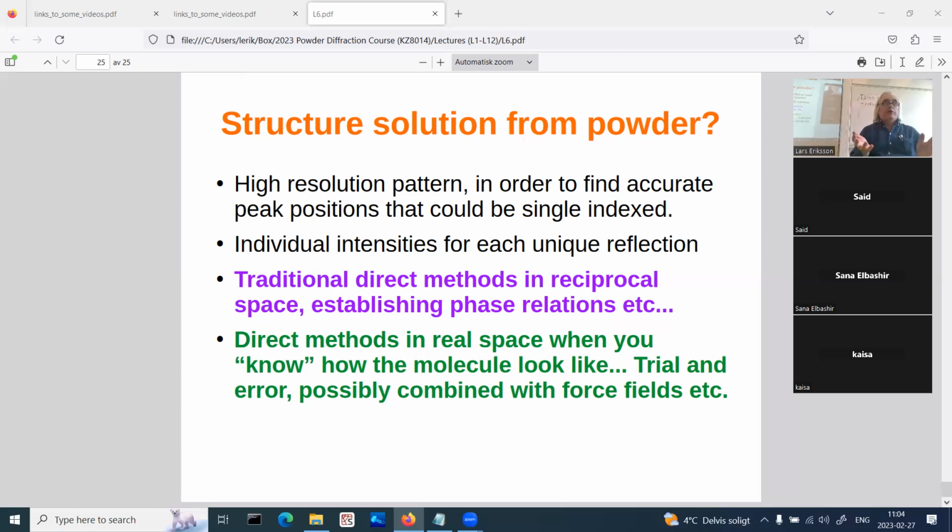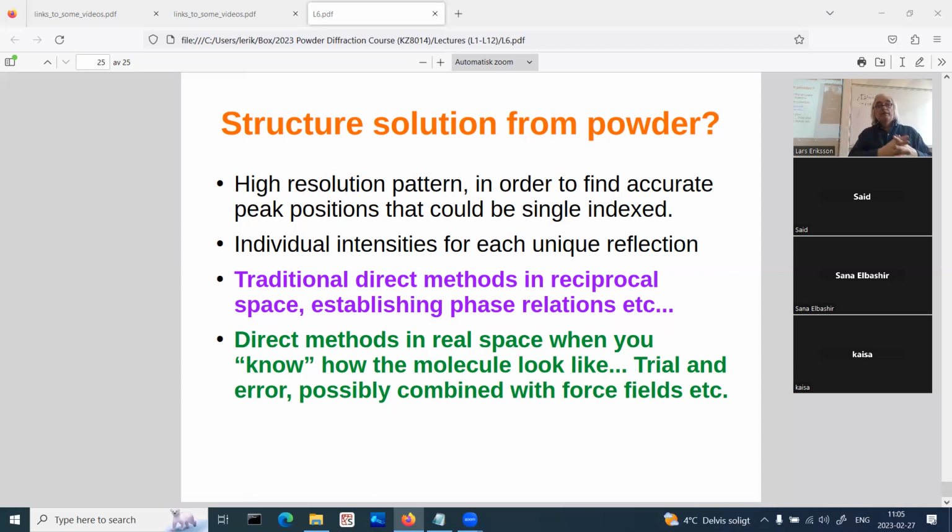The good thing with reciprocal space, where you focus on the diffraction pattern, is that you don't need any opinion about the molecule or the content of the unit cell. If you have that, then perhaps you should rather go directly to direct space methods and not bother about all of these crystallographic phases, because there are a lot of possibilities to go wrong with reciprocal space methods, also with direct space.